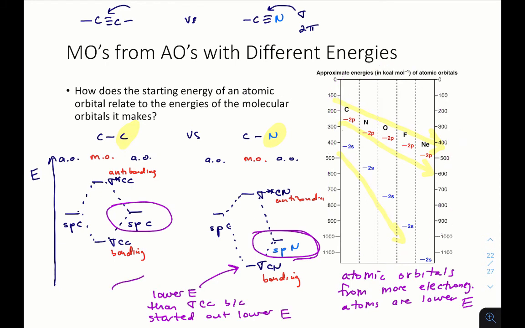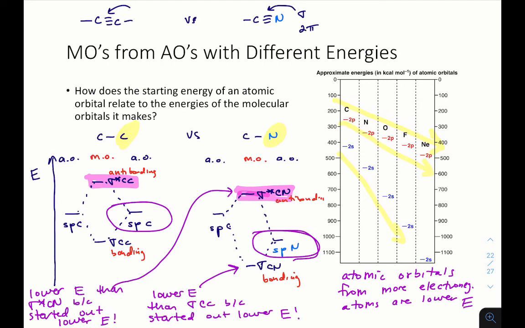Same idea for the antibonding orbital. Check it out. The antibonding orbital, sigma star CN, is lower energy than sigma star CC because it too started out at a lower energy due to the lower energy orbitals of the more electronegative nitrogen.